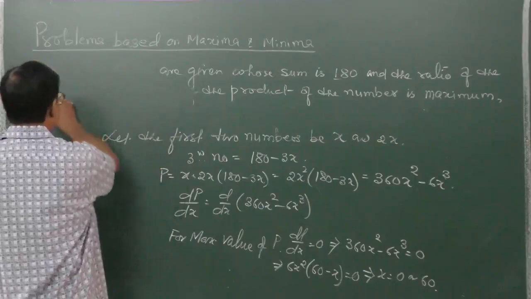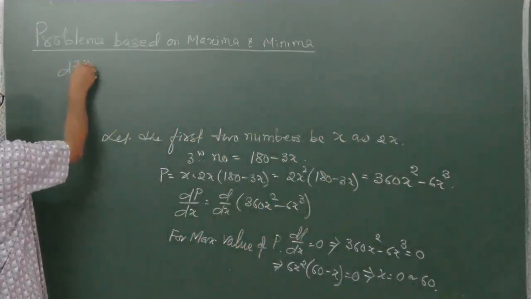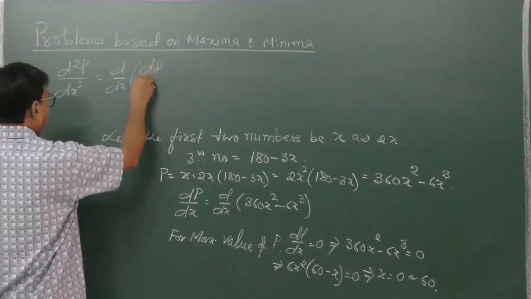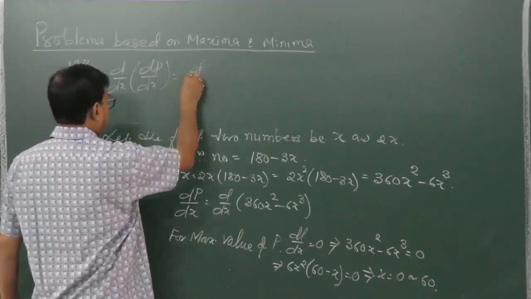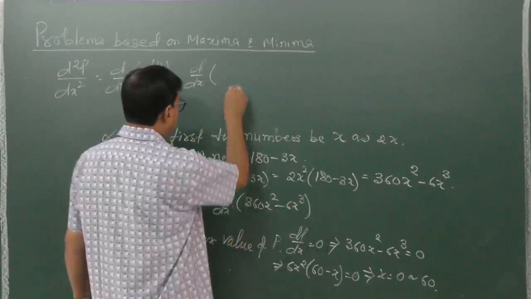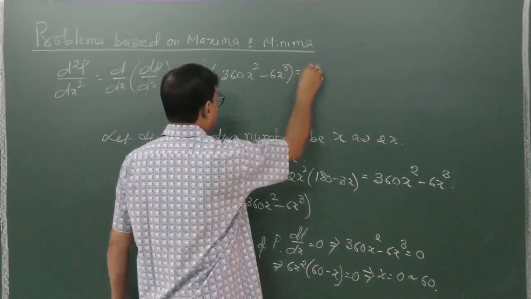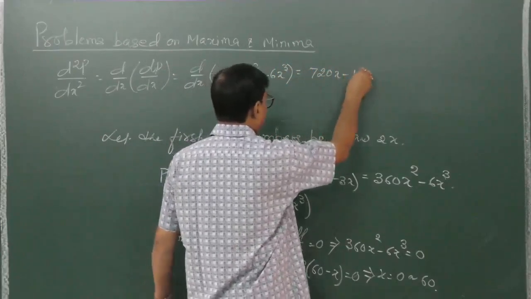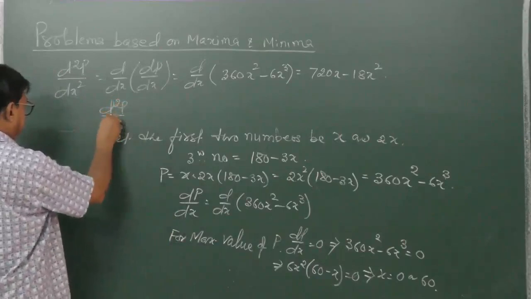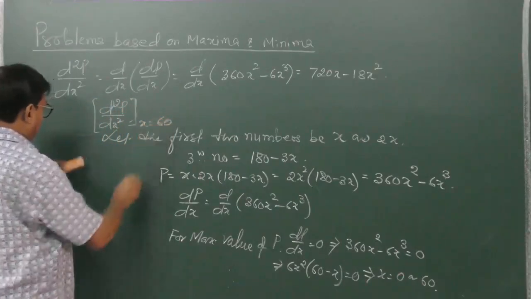The second step, we find d2p by dx2. So we got d2p by dx2.